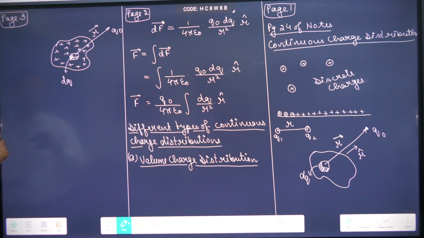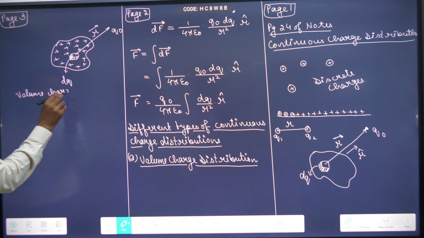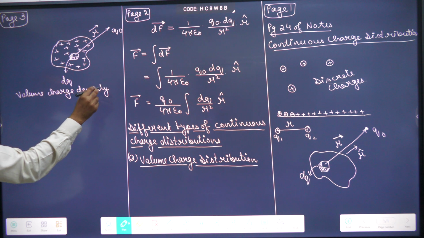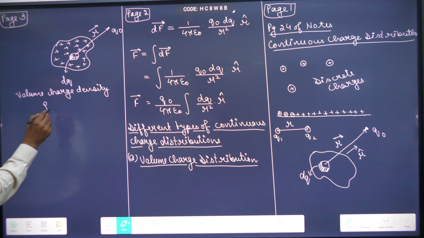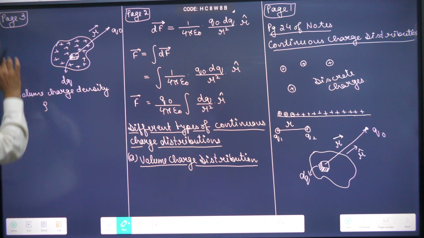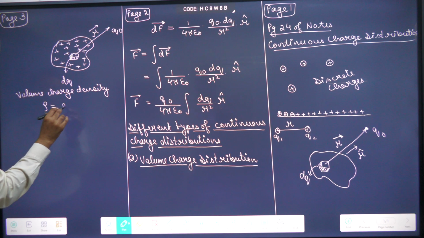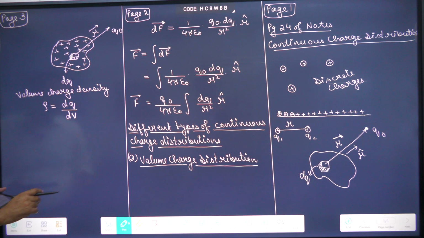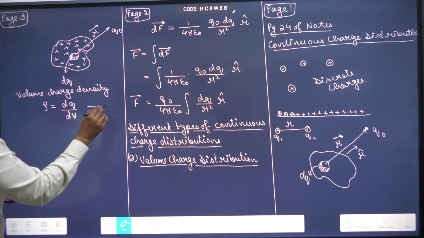So volume charge density is denoted by rho, and it is defined as charge divided by volume. So dq divided by dV, V is for volume here. So this is our equation number 1.